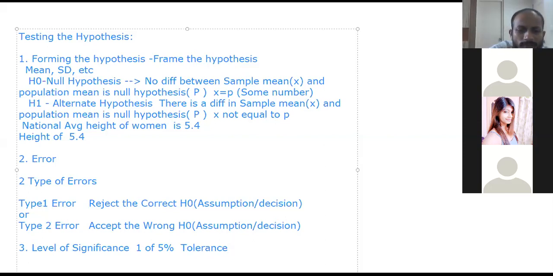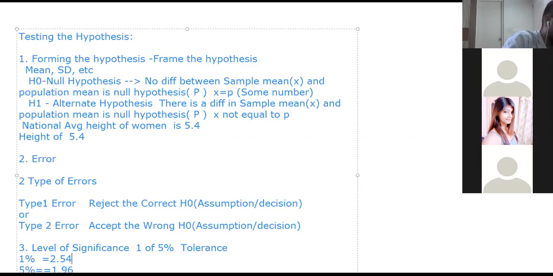Normally, if it is 5%, I will be using the value 1.96, and for 1%, I'll be using a value called 2.54. I'm not sure whether it is 2.54.